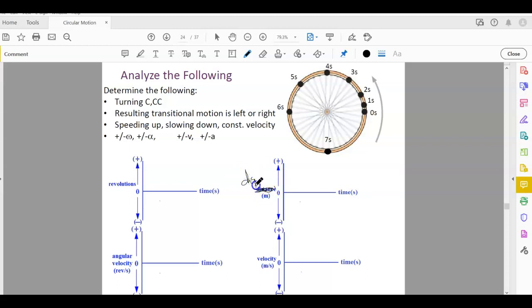This is linear displacement versus time. This is revolution versus time, angular velocity versus time, linear velocity versus time. Since angular quantities are in positive and negative z, and displacement in this case is in the x direction, this is going to be delta x, and this is going to be v sub x.